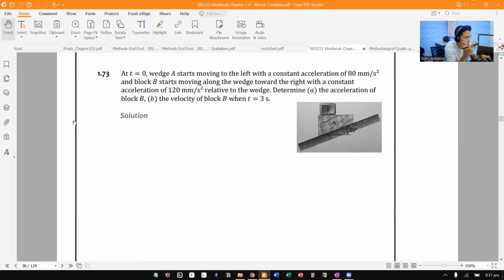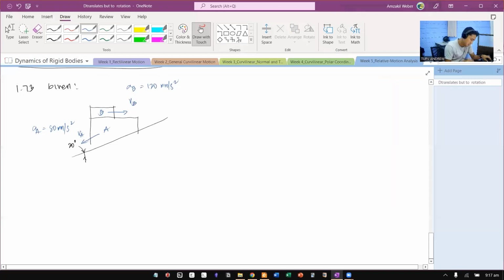So the 120 mm per second squared is relative to the wedge, meaning that it is not AB, but AB/A. You must identify that, otherwise there is no chance to check. Translate it correctly from the English language to the mathematically correct interpretation.